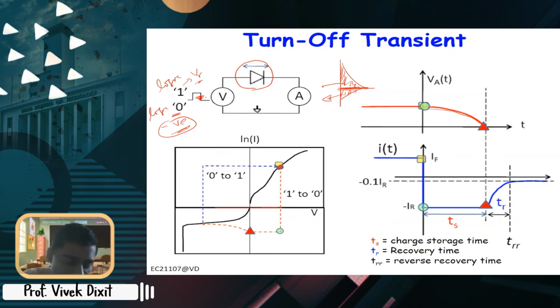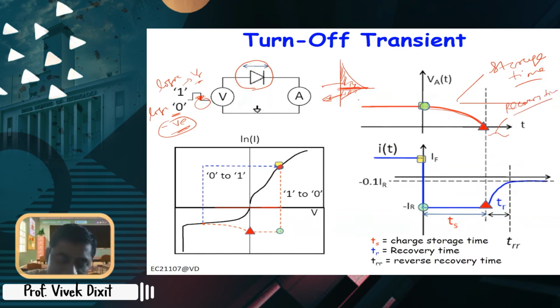The applied negative value. That is basically you are recovering the charges, right? So these two regions are divided as, this is basically your storage time. So the stored charge is removed during this time, and this is your recovery time, right? Recovery time.